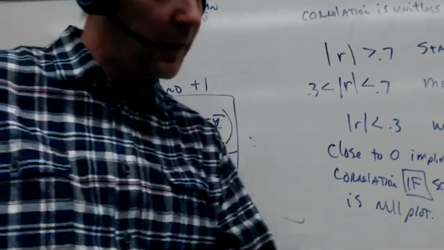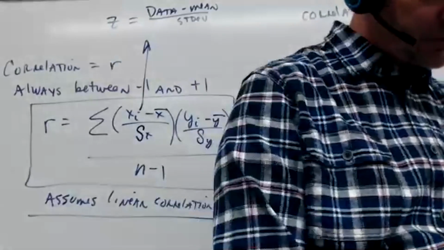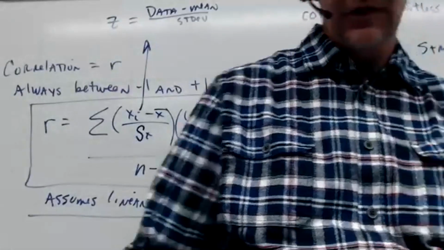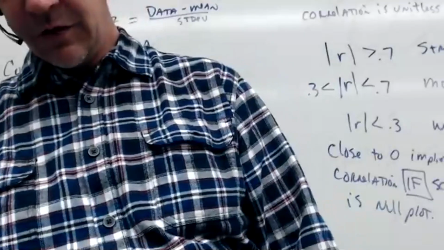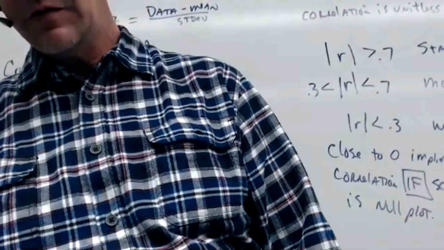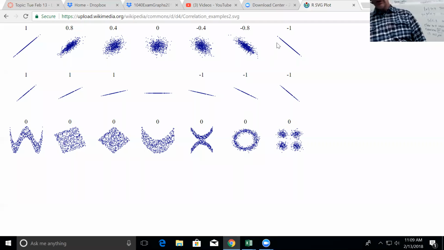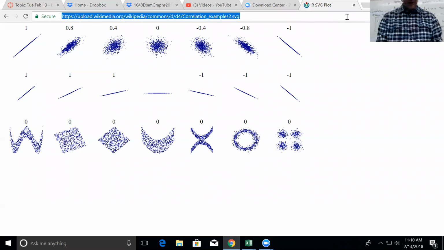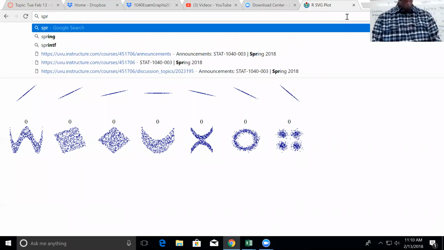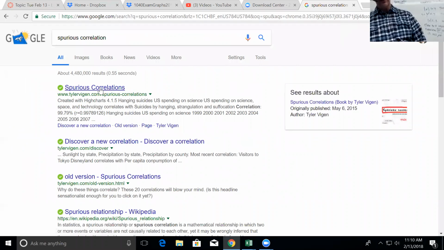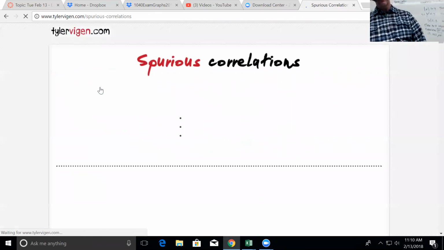Now, another thing that I want to talk about. Let me share this. You've probably heard the phrase, correlation does not imply causality, right? Spurious correlations. This is a cool website, Tyler Vigen. Okay.